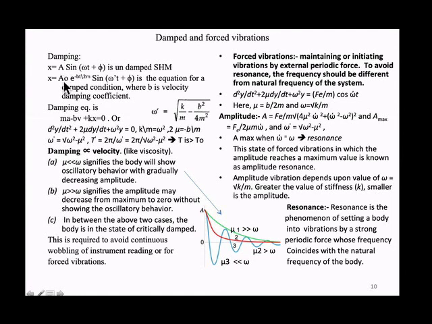So a becomes a0 into e to the power of minus bt by 2m, where b is the damping constant, t is time, and m is mass. So x equals a0 e to the power of minus bt by 2m sin(omega dash t plus phi). The omega also changes, it becomes omega dash. This is the equation for a damped condition, where b is the velocity damping coefficient.